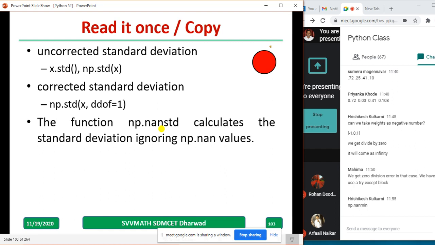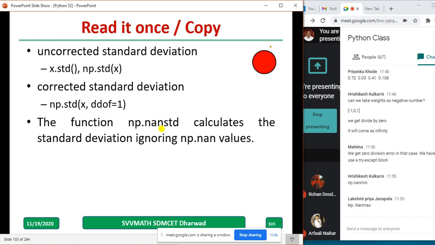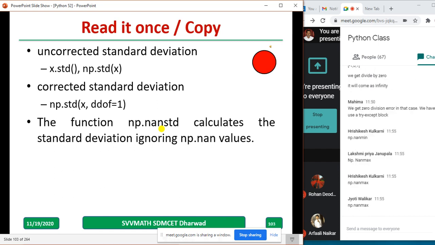Very good. One is we have np.minimum, another we have np.nanmin. Similarly, somebody can type maximum. Yeah, I think Jyoti Walikar has typed, Sindhu. We have two, minimum, maximum. Even we have one more function which will find you the position of a minimum number, maximum number. There also we have, yeah, Aditya has typed, Akash has typed. argmin, nanargmin, argmax, nanargmax. We have discussed in the previous class, and the difference also we have discussed with the program.